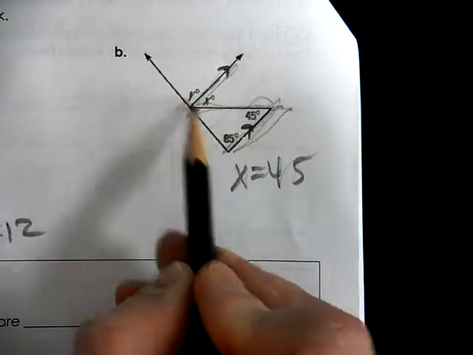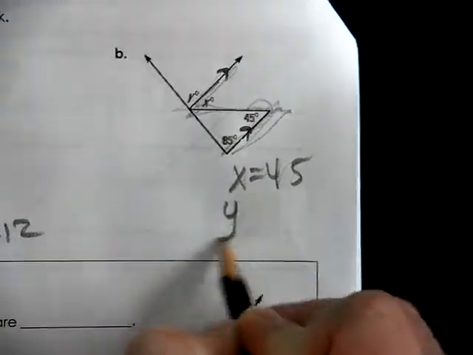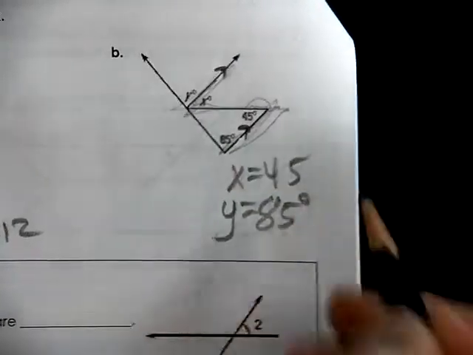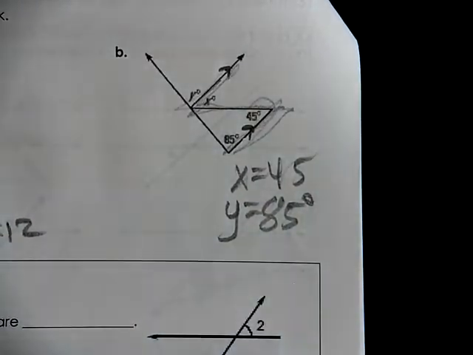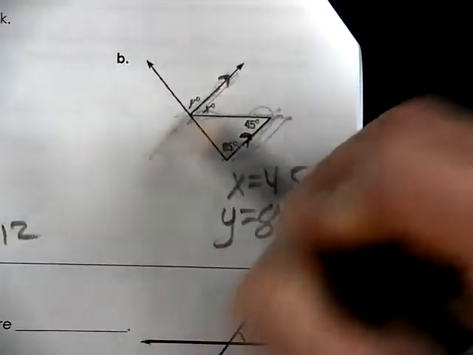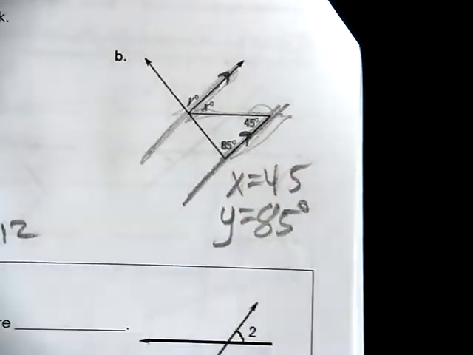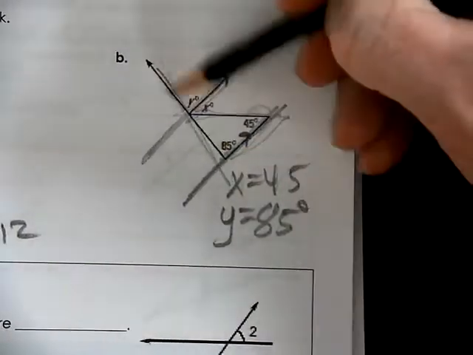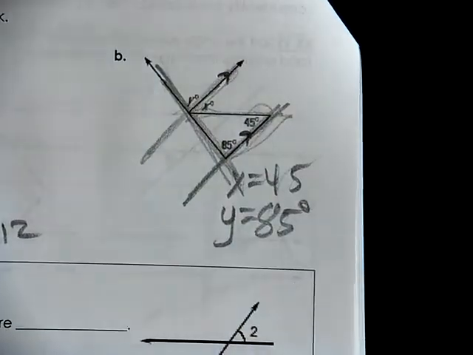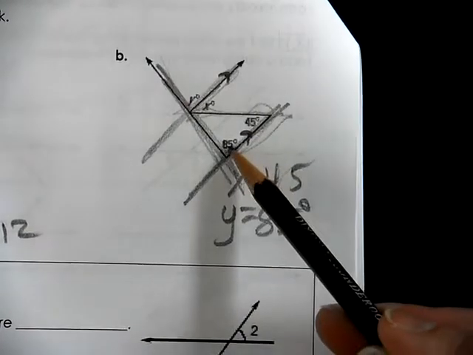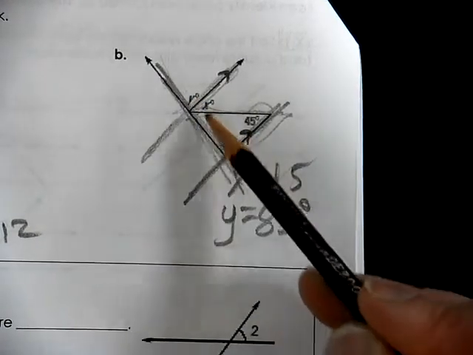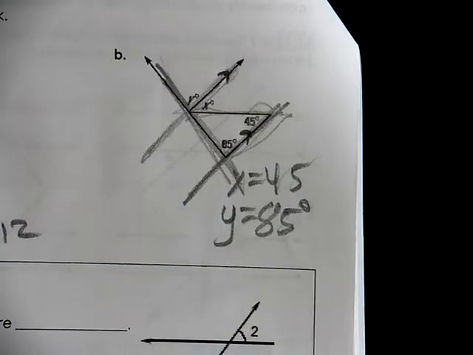Consecutive interior angles gives you y at 85 degrees. So you're looking for the type of angles. Sometimes it may help you to draw in the parallel lines and draw in your transversal to be able to see these 85 and the y are in corresponding positions.